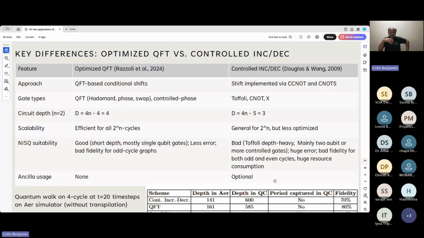The circuit depth is 4, and circuit depth here is also very small. This is for one time step. And for scalability, it is very efficient for all even cycles. For all even cycles, as we have checked, its fidelity is more than 99%. It's general. You can implement both odd and even, but it's extremely bad as far as fidelity is concerned. The errors are very high.